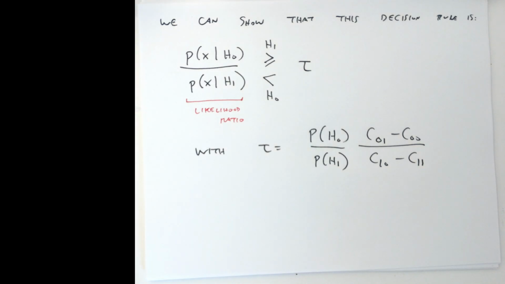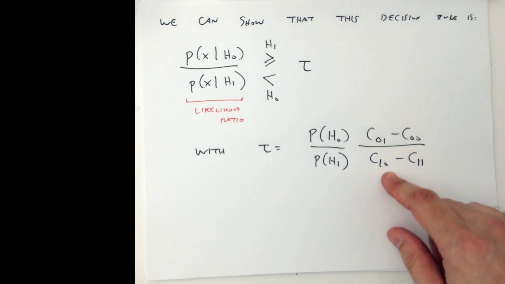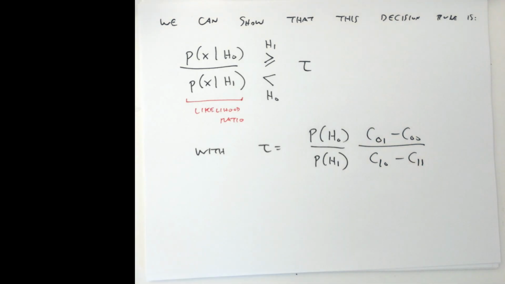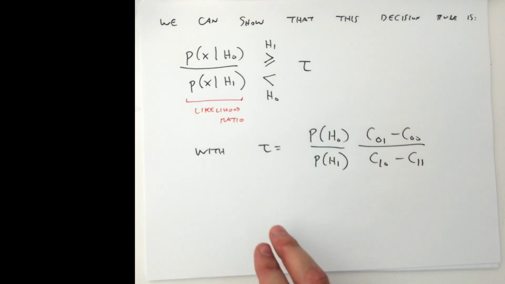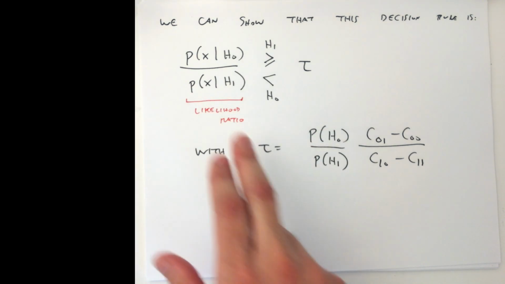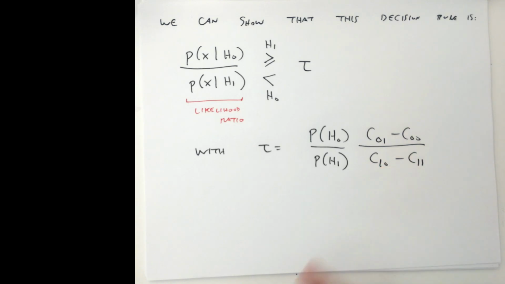So the idea is that when I bring the costs into the picture, the costs also affect the threshold at which I have to compare the likelihoods. Suppose I had equal costs, meaning I don't care which way you make a mistake, it's the same number to me.